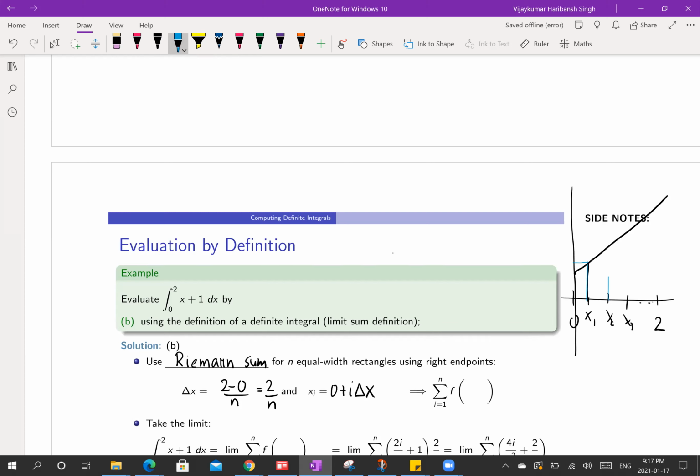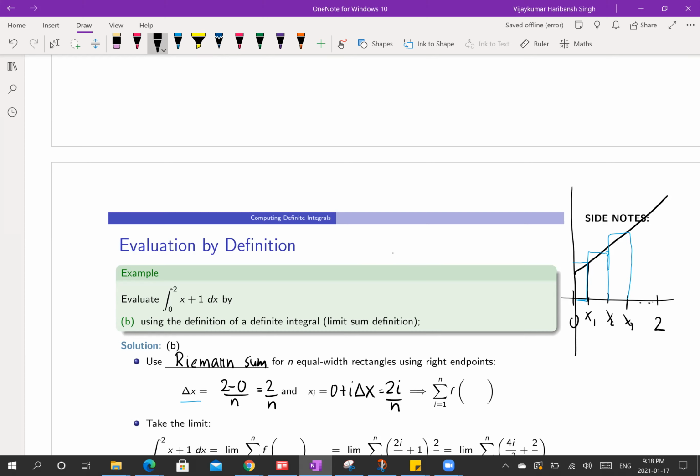This was discussed in the last class. The base is fixed, which is delta x, and the height is going to be f of x i. But what is my x i? x i is 0 plus i delta x, which is going to be 2i over n.